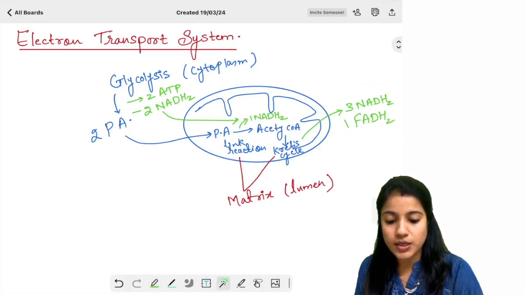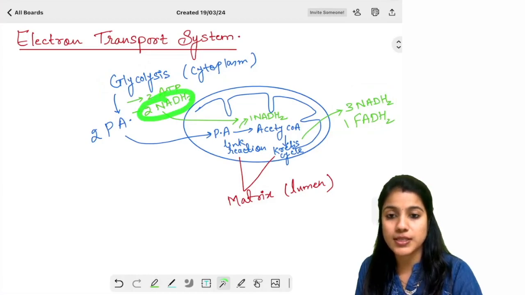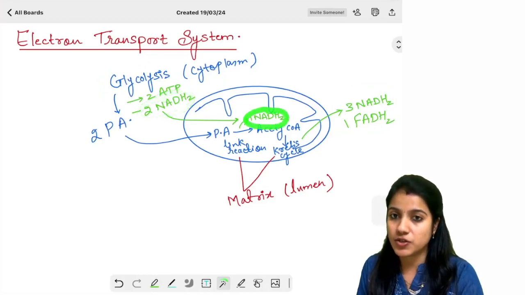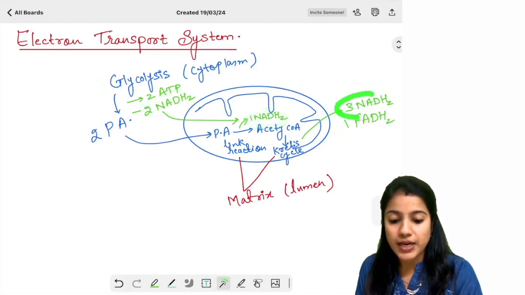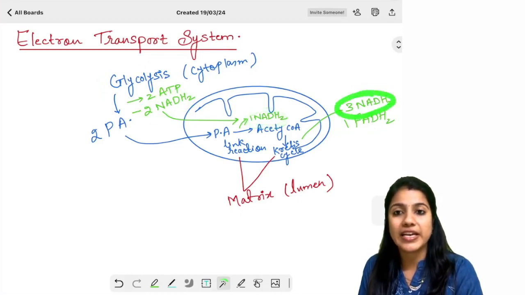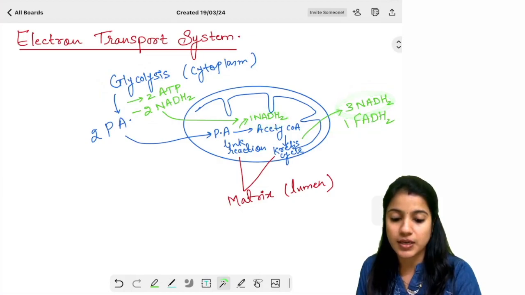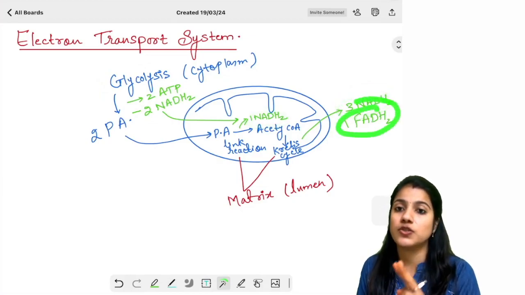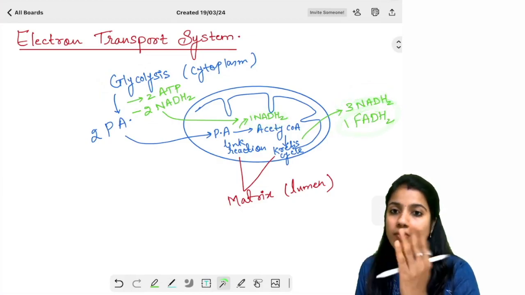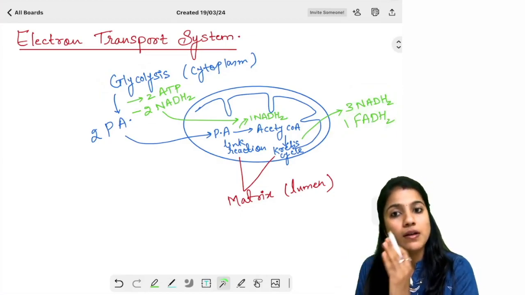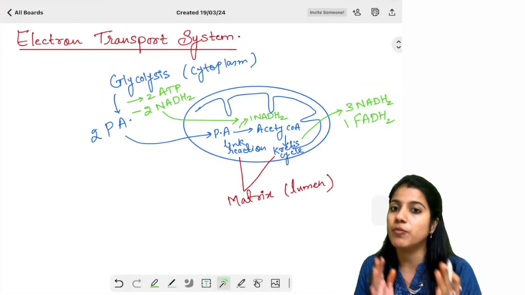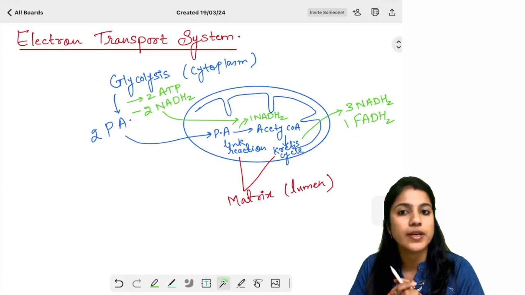So total 2 molecules of NADH2 from glycolysis, 2 molecules of NADH2 from link reaction, and 6 molecules of NADH2 and 2 molecules of FADH2 from 2 Krebs cycles. You have to multiply it by 2. That we have learned earlier, how many molecules of NADH2 and FADH2 we are getting.